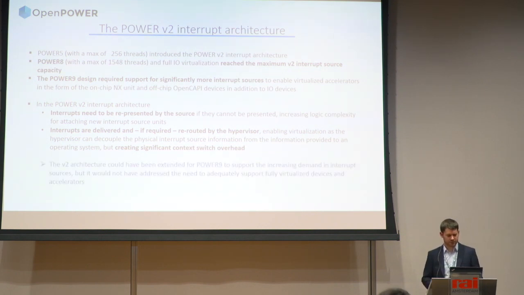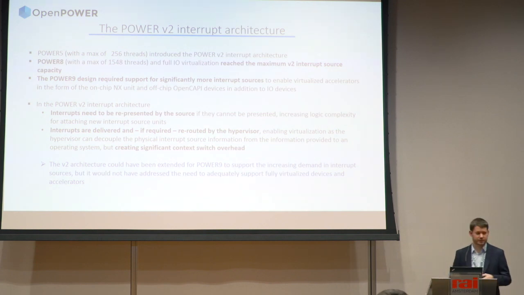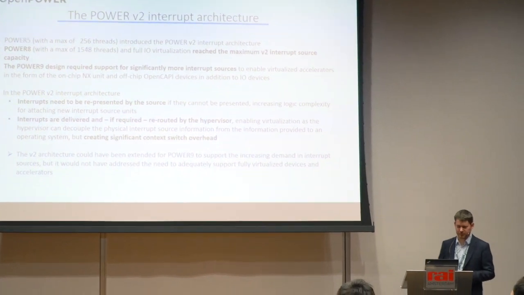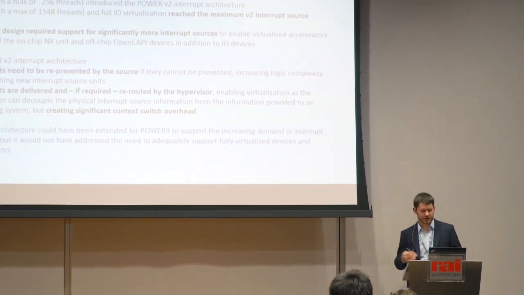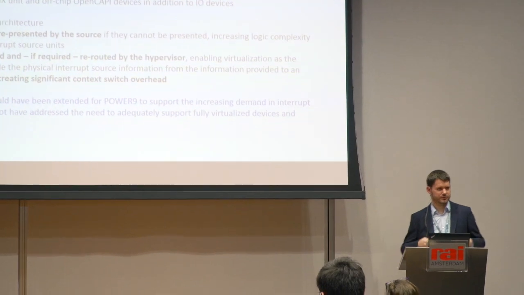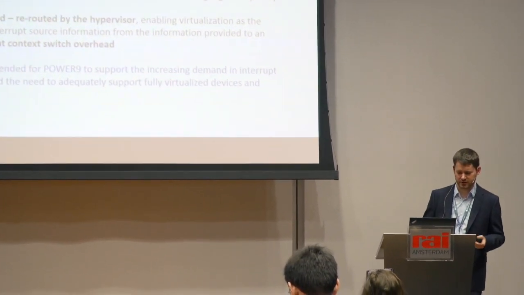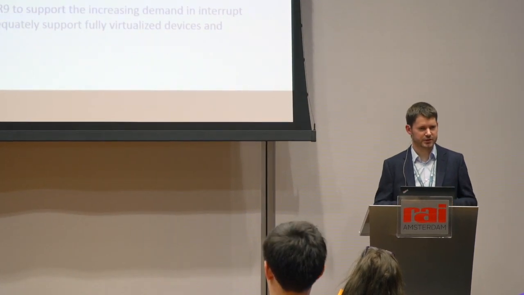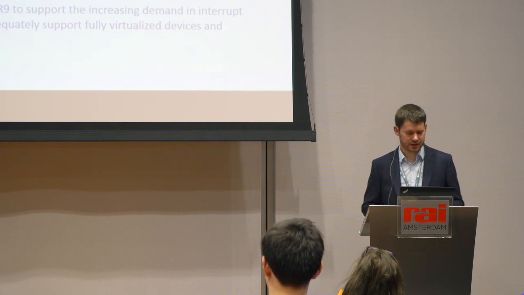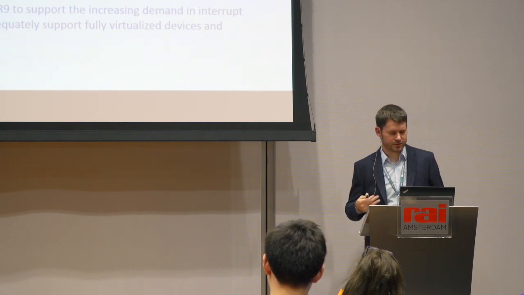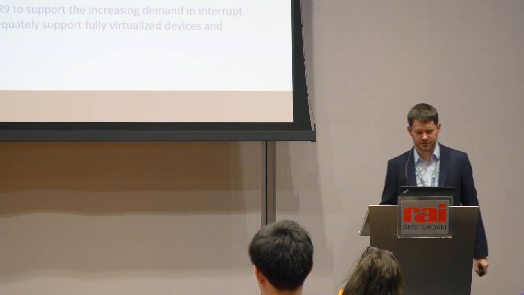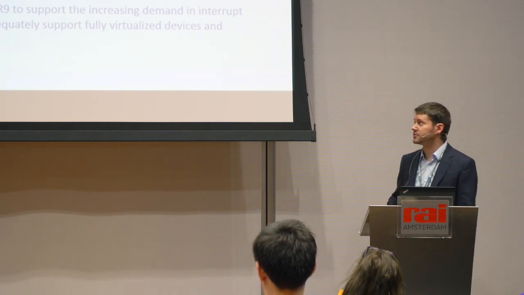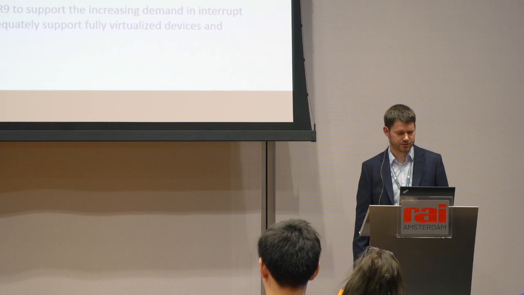The number of sources we could have extended rather easily, just by increasing the source IDs and so on throughout our system. But as we saw the trend towards full virtualization being adopted in all parts of the microprocessor, especially also in our accelerators, we thought that the v2 architecture is not adequate to support all of that any longer.